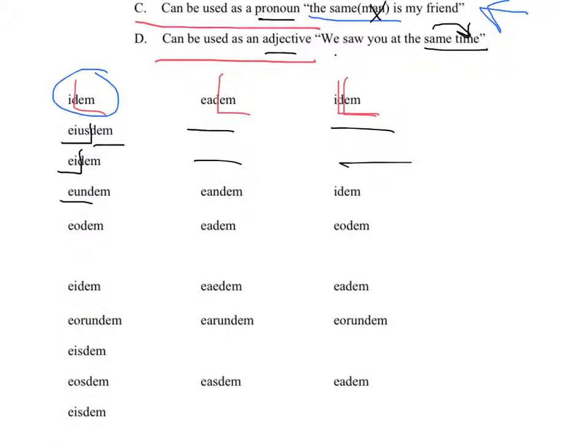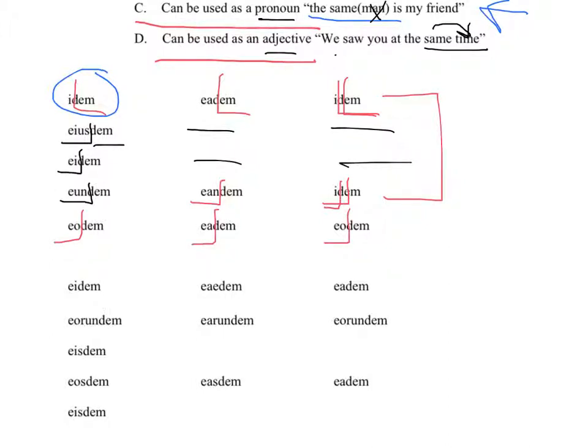And then eundem. Now if it were is, ea, id, you would expect eum plus dem. But the m before the d changes into an n in Latin. That's just the way their language tends to mutate words. Again, eundem and idem, because the nominative and accusative for all neuters are always exactly the same. And then you have eodem, eadem, and eodem.